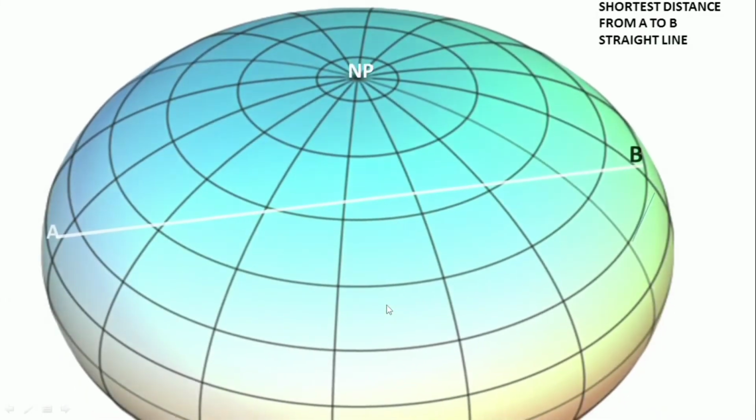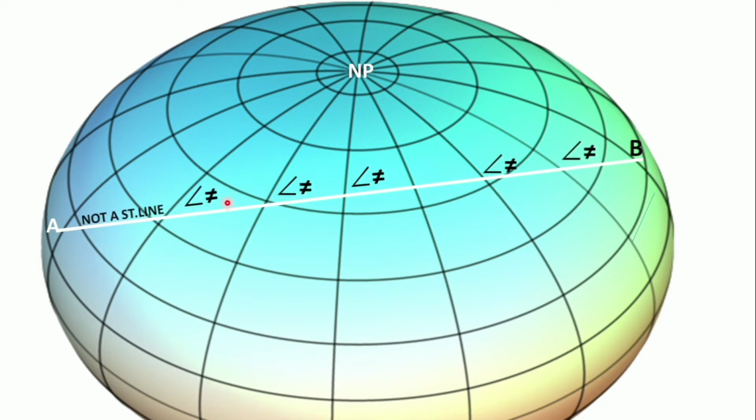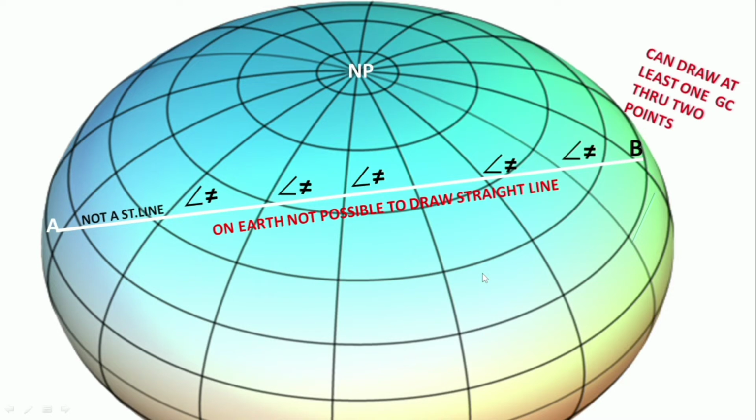On the surface of the Earth, 2 points, the shortest distance should be a straight line. But this straight line, as we can notice, has angles that are not equal. So this shortest distance between 2 points on the surface of the Earth is not a straight line, but a curve.